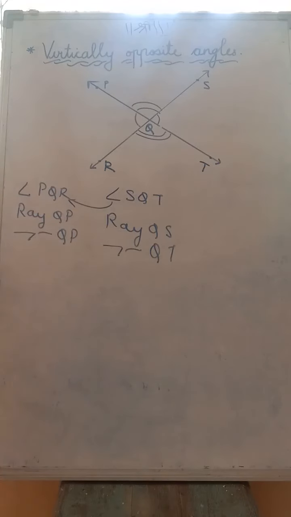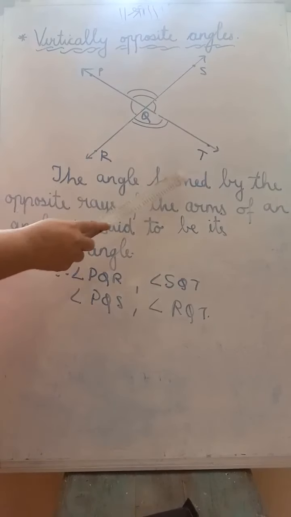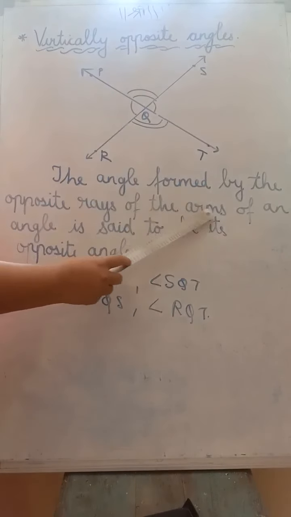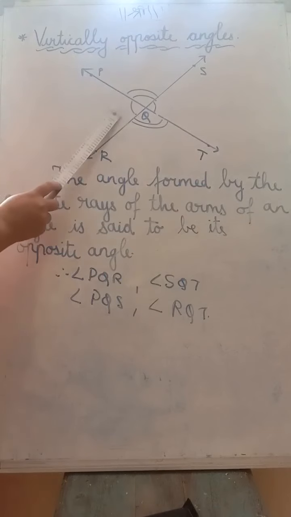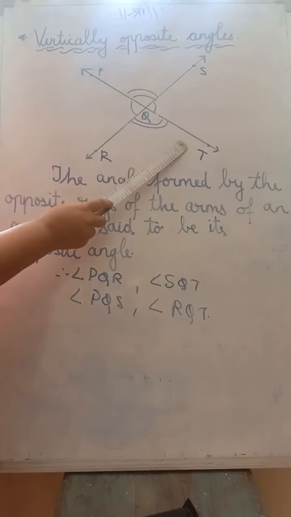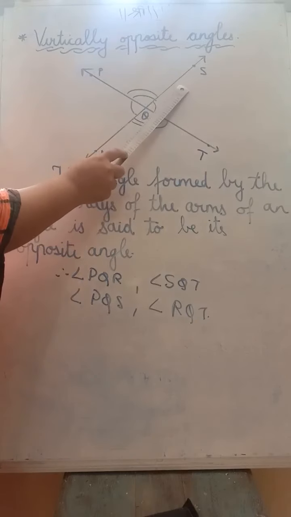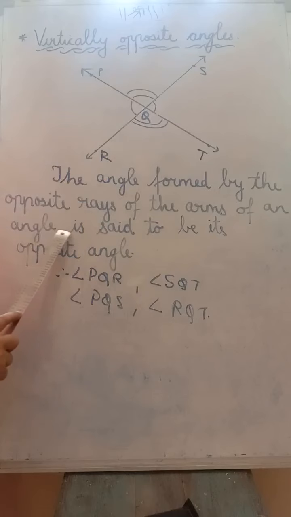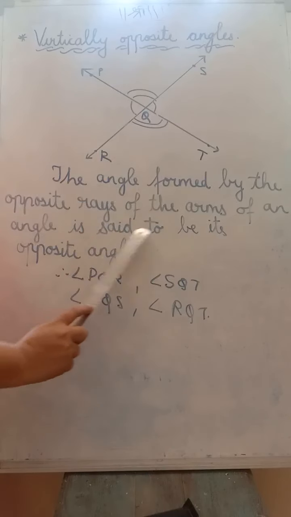So hence angle SQT is called the opposite angle to angle PQR. The definition of opposite angle: this angle is formed by the opposite rays of the arms of an angle. This is the angle, these are its arms. This ray's opposite is this one, this ray's opposite is this ray. Because of the opposite rays the angles are formed, and that angle is said to be its opposite angle.